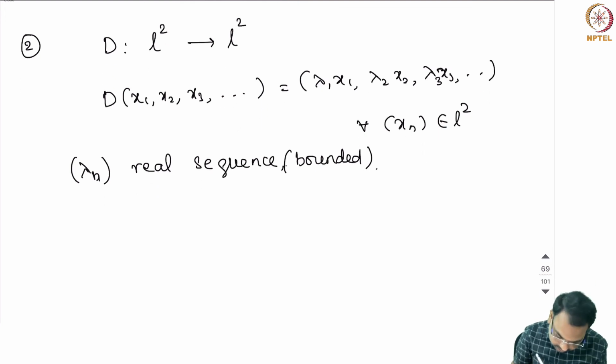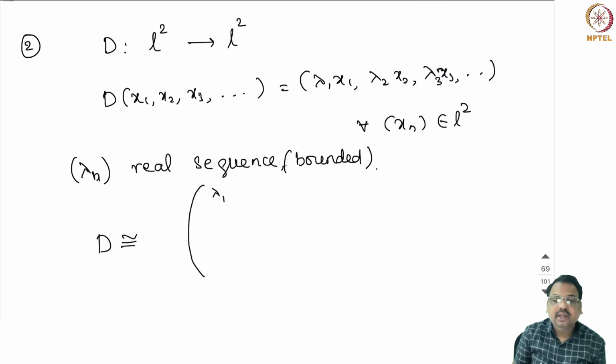We can write this as a matrix with respect to the standard orthonormal basis, the infinite diagonal matrix with diagonal entries λ1, λ2, λ3, and so on.